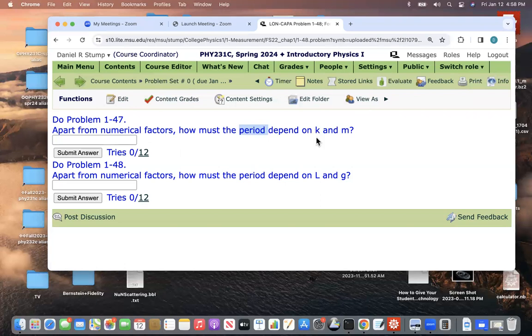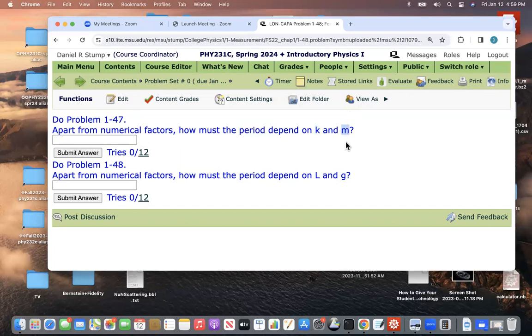Now, K has units of newtons per meter, or kilograms per second squared. So K will have units of kilogram per second squared. M will have units of kilograms. It's a mass.